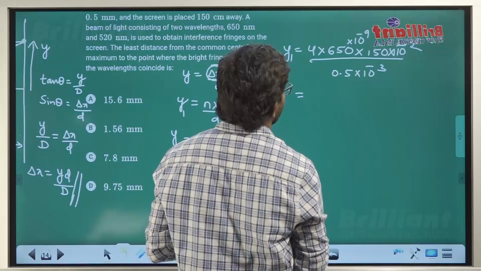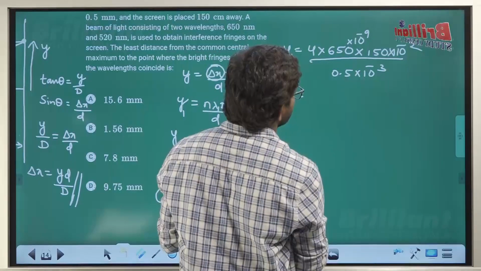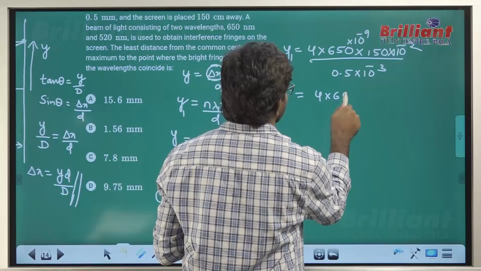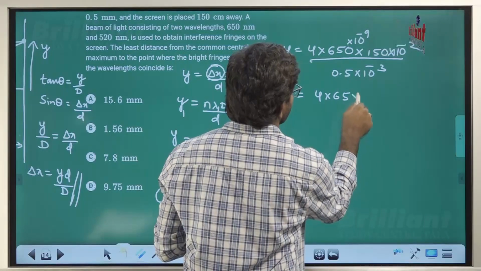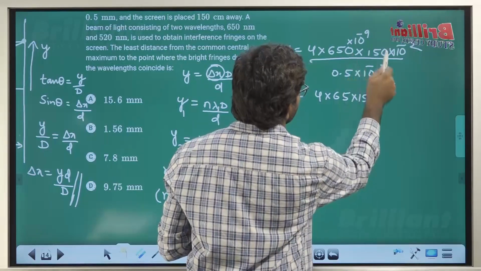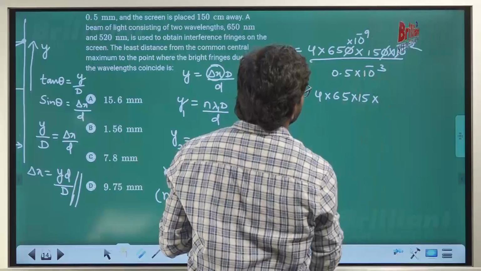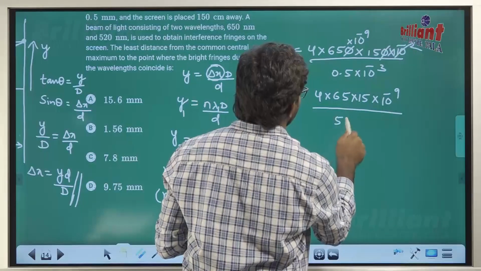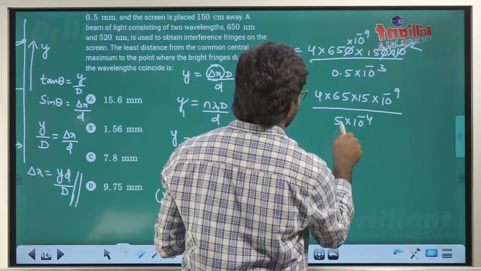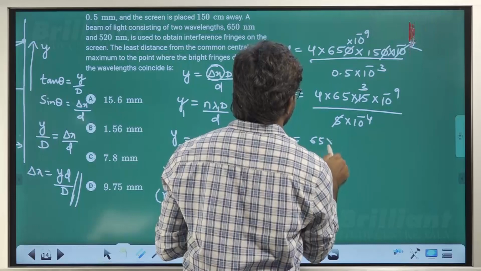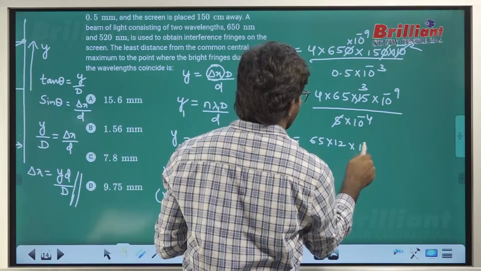Okay, a little bit of calculation is there. So 4 into 65 into 15. These 2 will cancel with this. 10 power minus 9 by 5 into 10 power minus 4. Then 65 into 12 into 10 power minus 5.